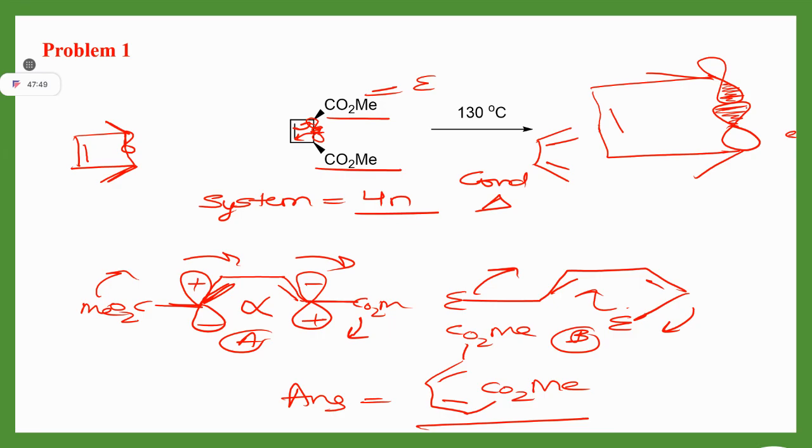So let's say you are rotating this below lobe like this. So you have to rotate this lobe also in the same fashion, correct? And when you do this, you will find that one CO2Me will go upwards and another will go only in this direction, correct?